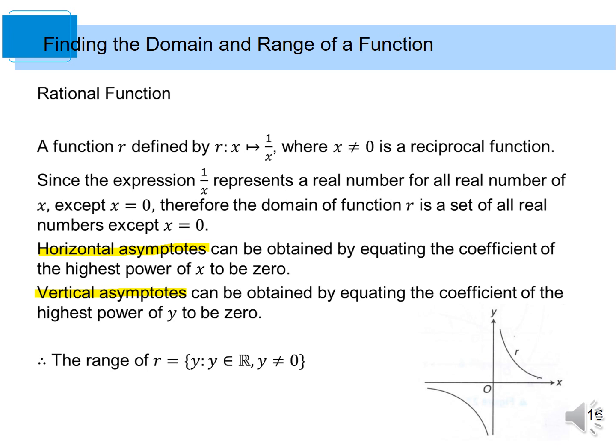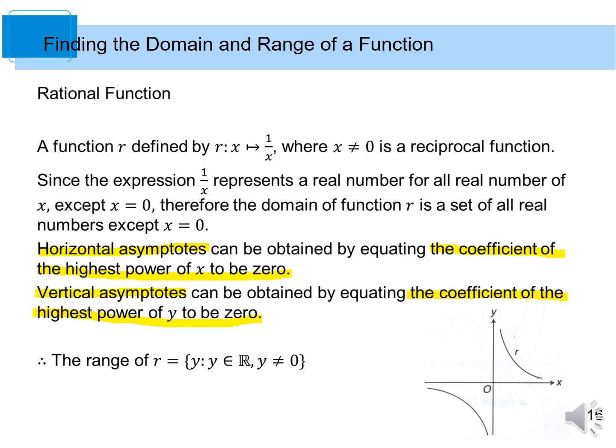To get the horizontal asymptote, let the coefficient of the highest power of x equal 0. And to get the vertical asymptote, let the coefficient of the highest power of y equal 0.